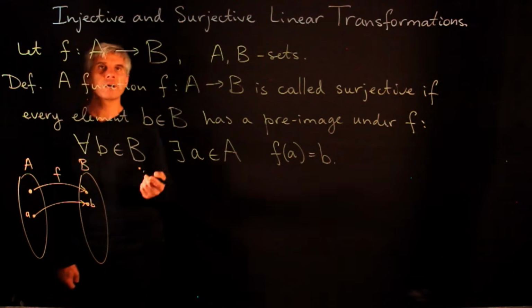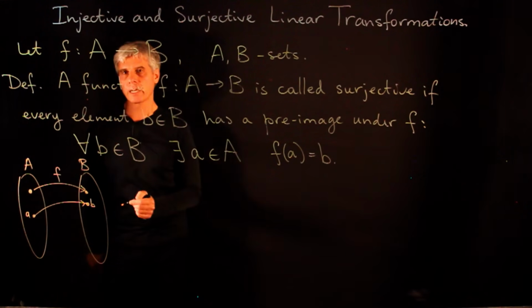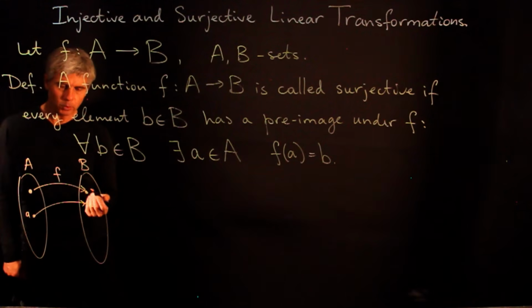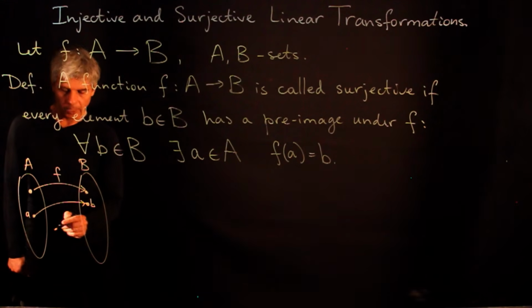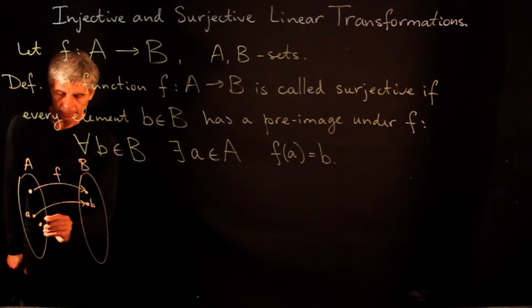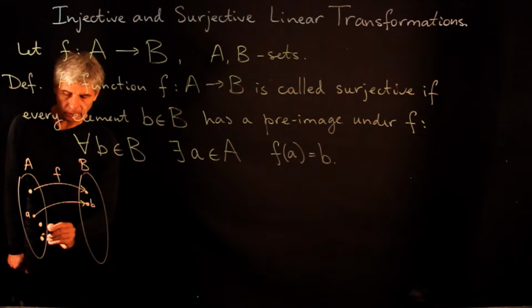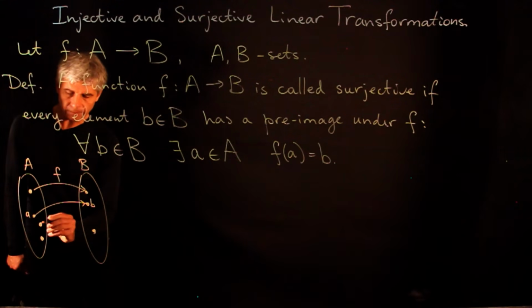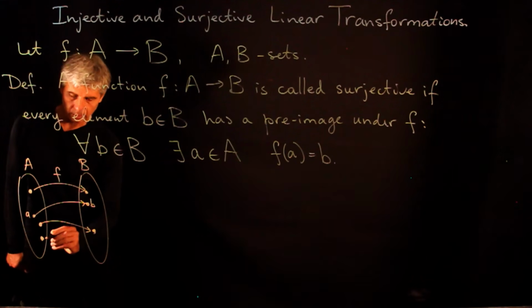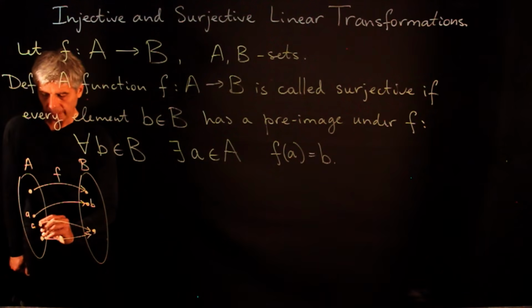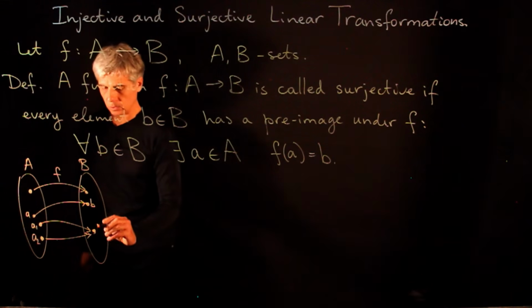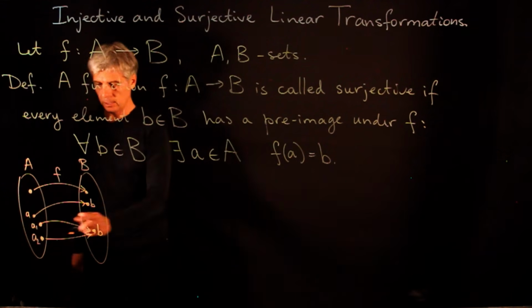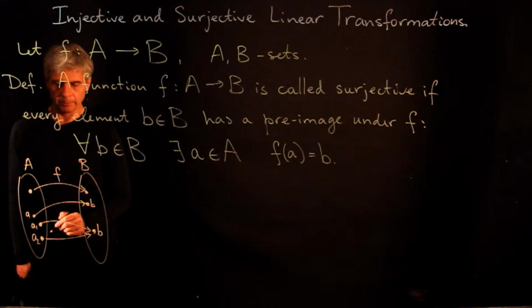Next, we want to define injective functions. But here a small difficulty is that it's easier to explain which functions are not injective. So a function is not injective if it will send two different elements of the set A, so we have A1 and A2, that are both sent to the same element B in the set B, right?